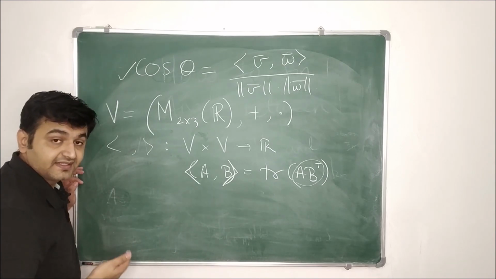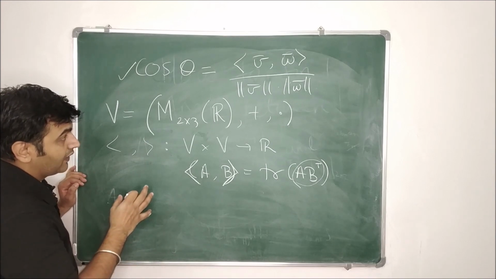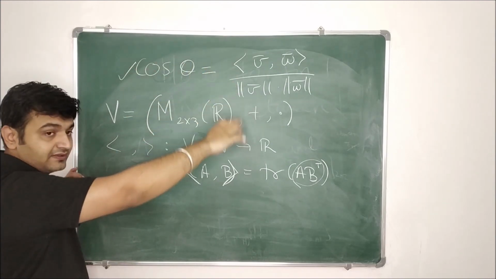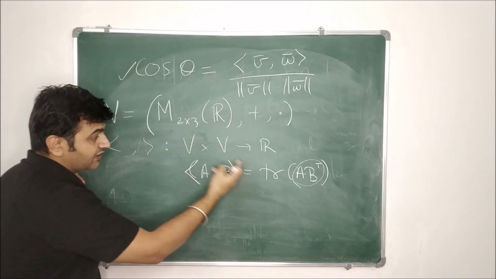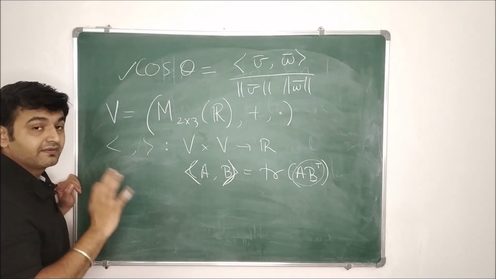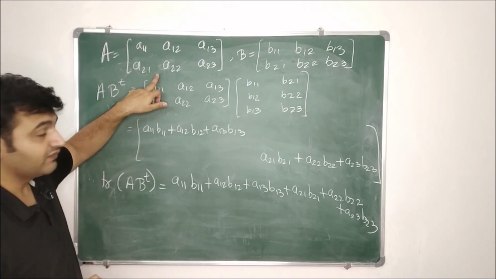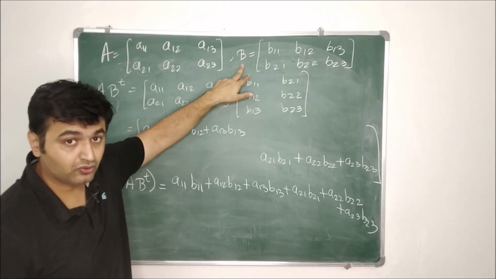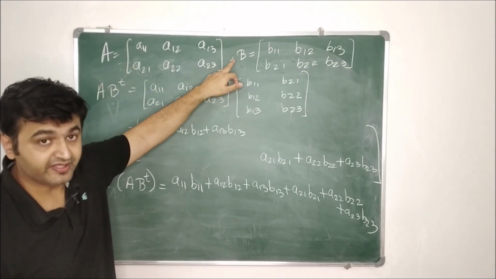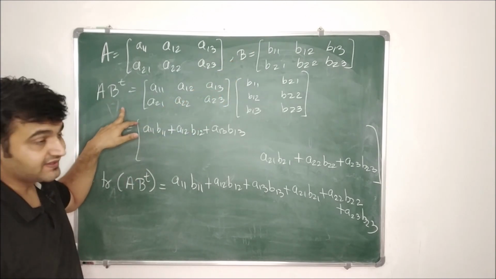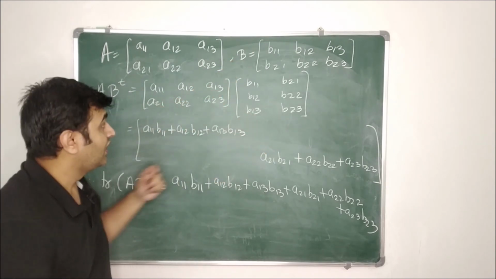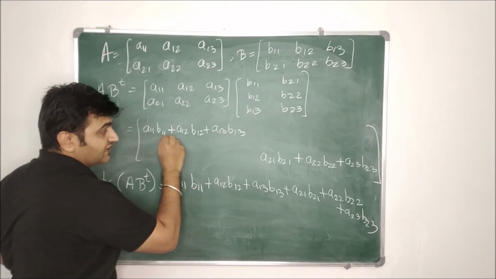Now what is the trace in this scenario? Let me write down the trace for a 2 cross 3 matrix for this map, and then we will see whether it satisfies the properties or not. This is how in general a 2 cross 3 matrix will look. This is my A and this is my B matrix. When I do A into B transpose, this is my first entry.